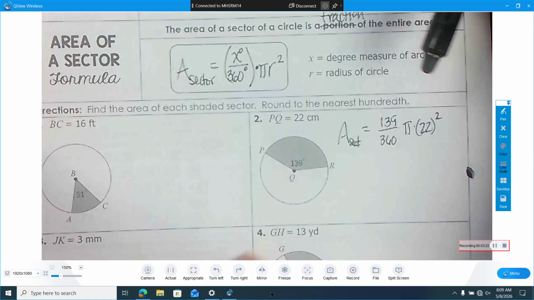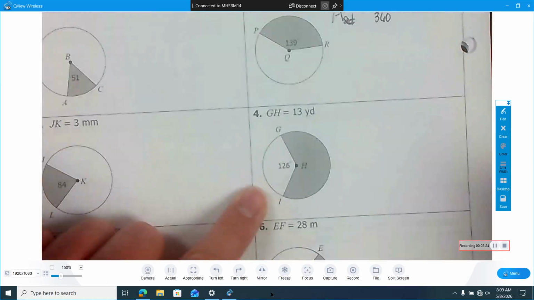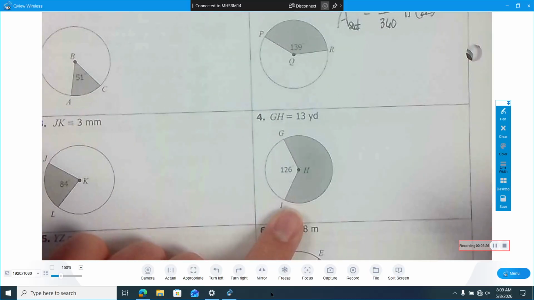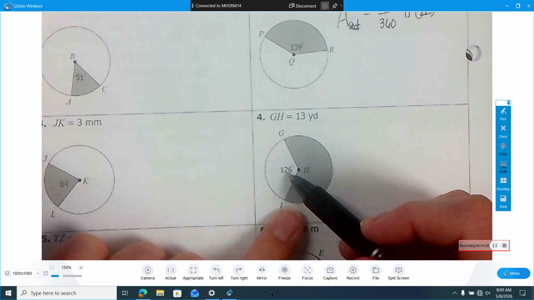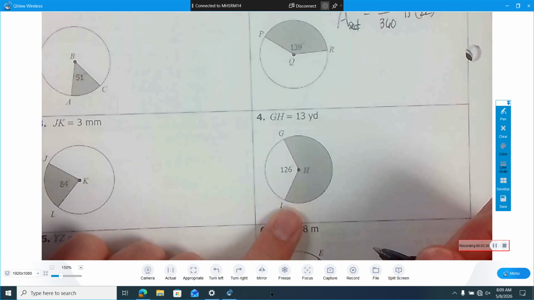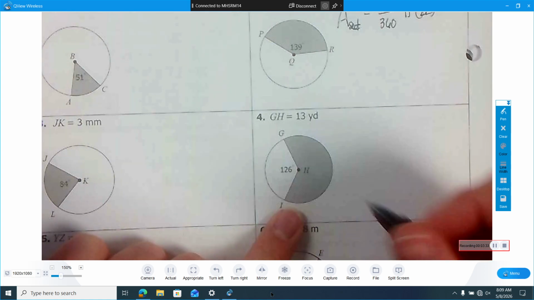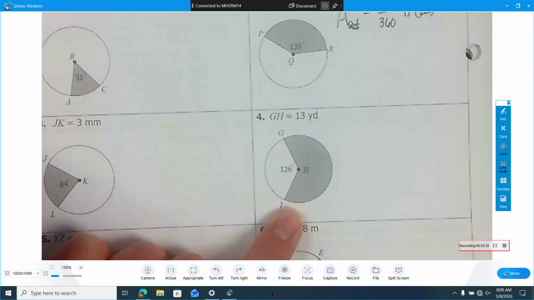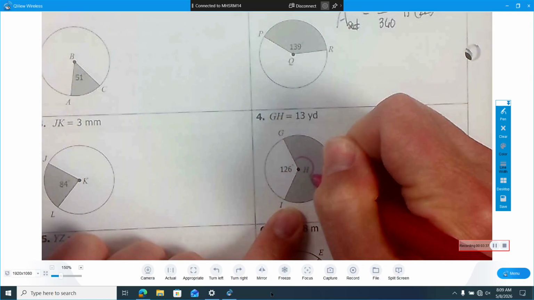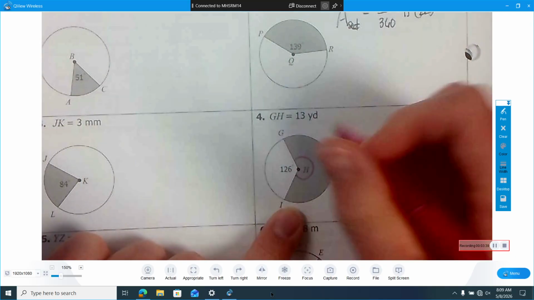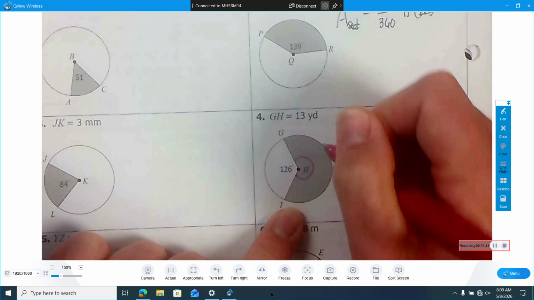That's just calculator math, right? So, all right, let's move on. Let's look at number 4. This 126-degree angle is not the shaded area. So how do we figure out the shaded central angle? Yeah, all right. So minus from 360.